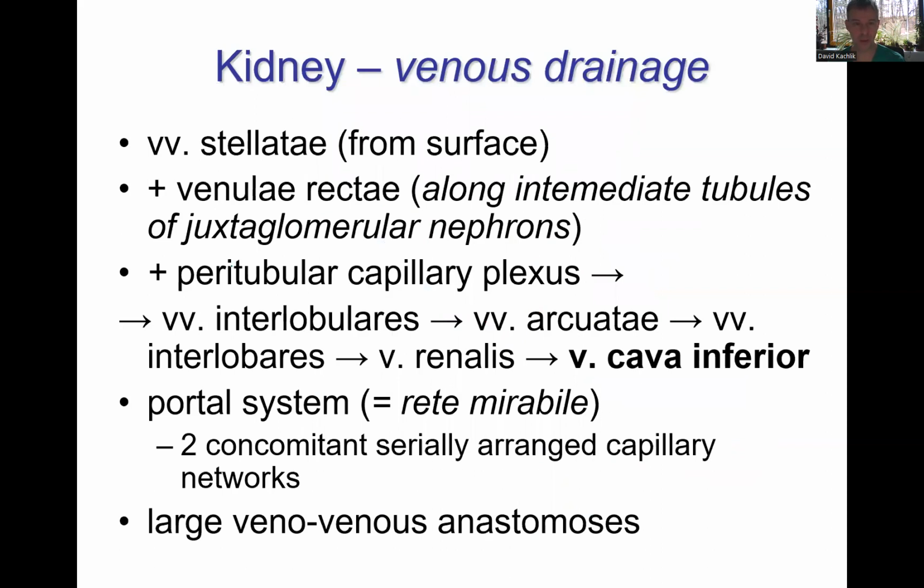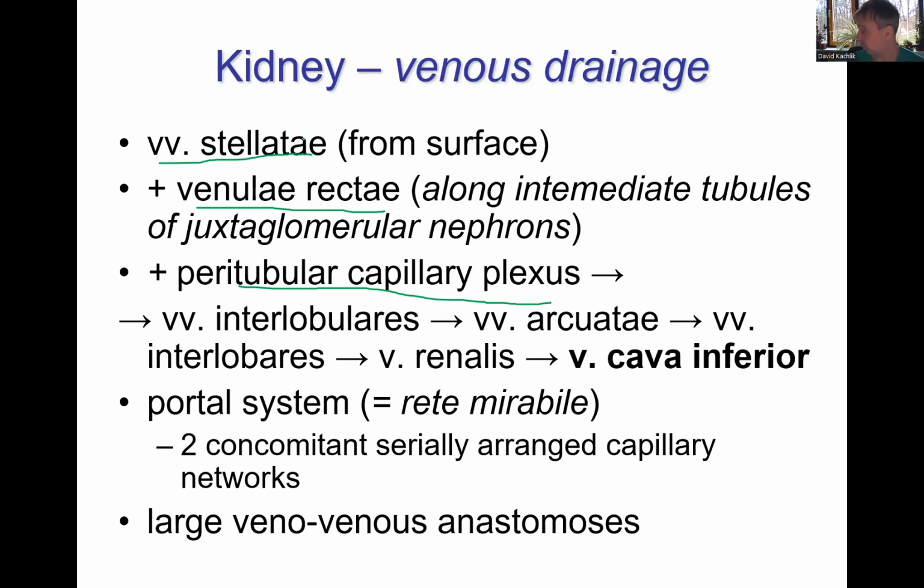Concerning the veins, we have the peritubular capillary plexus, and we have straight venules. We also have so-called small stellate veins, which come from the capsule.